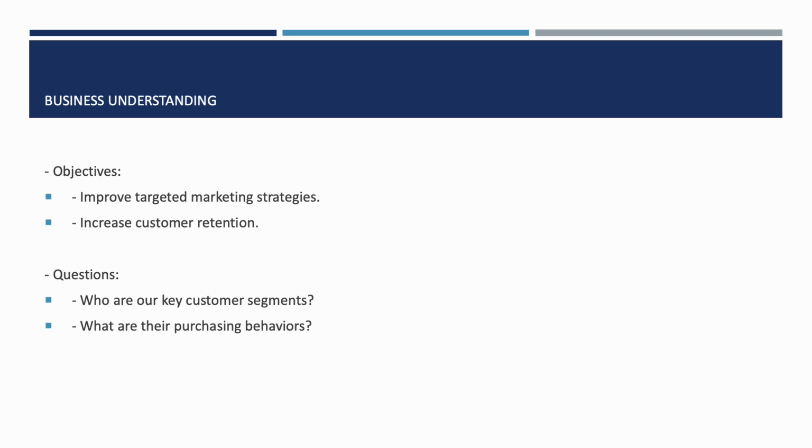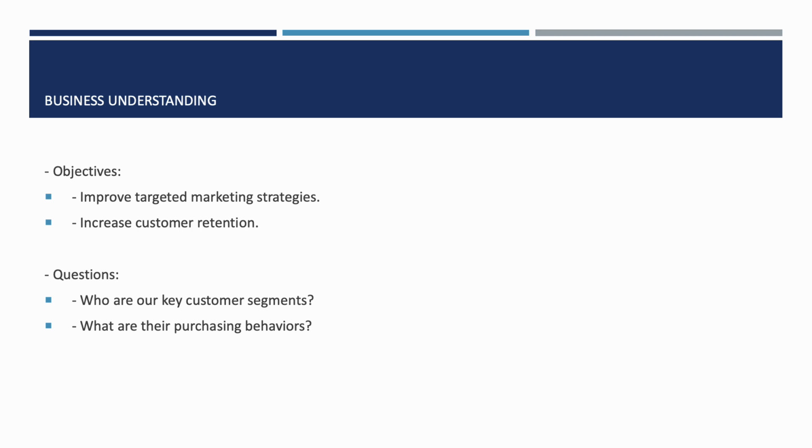To achieve these objectives, the following business questions need to be addressed. So, first question is, who are our key customer segments? And then, what are their purchasing behaviors? The first one is identifying the main customer groups, which is critical for designing targeted strategies.